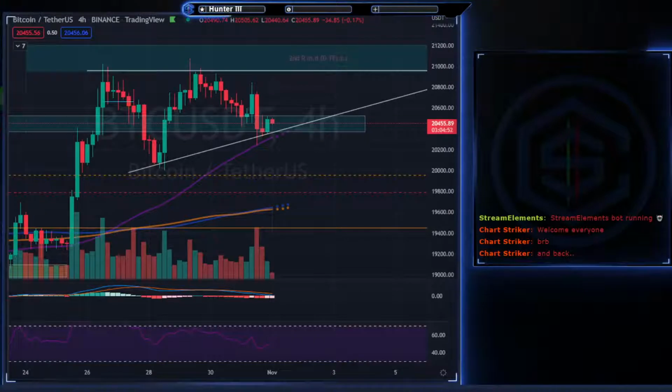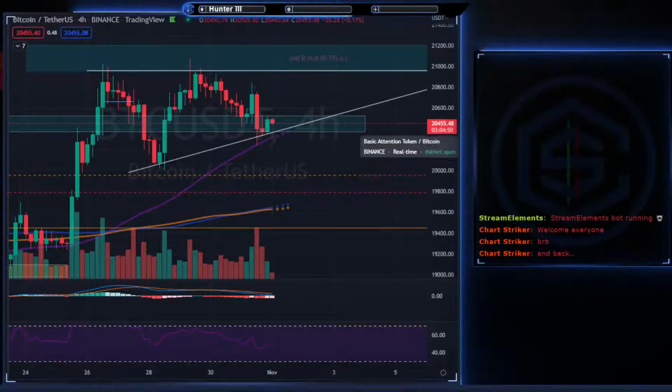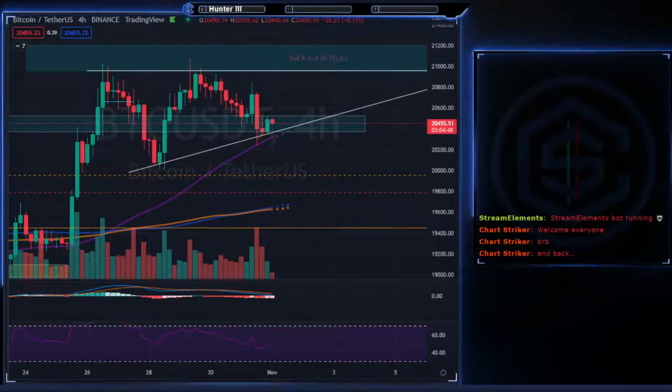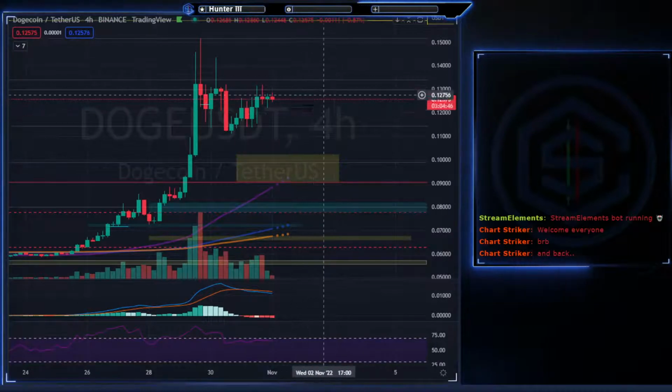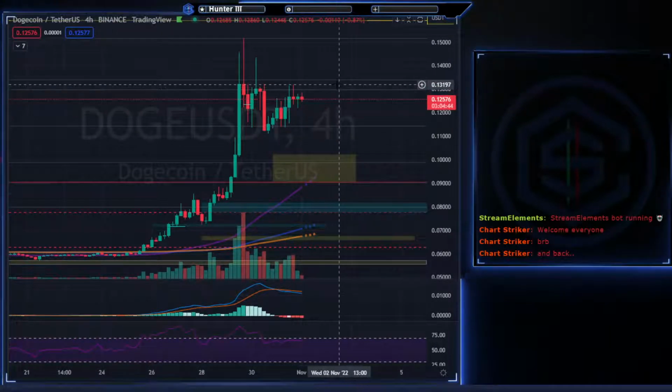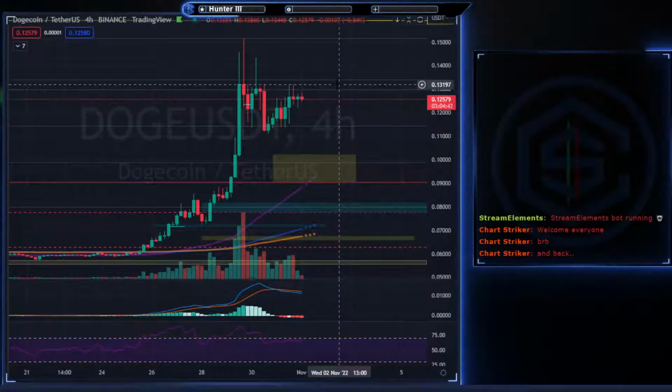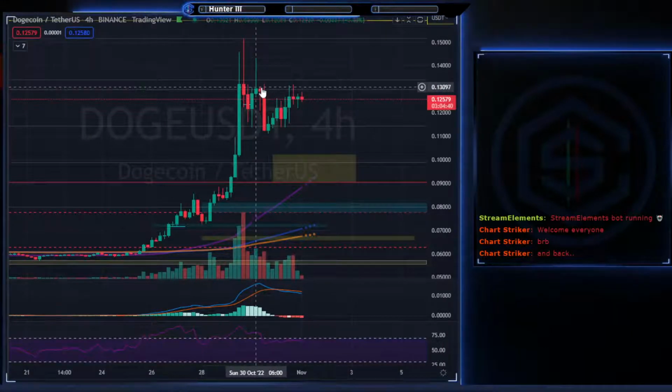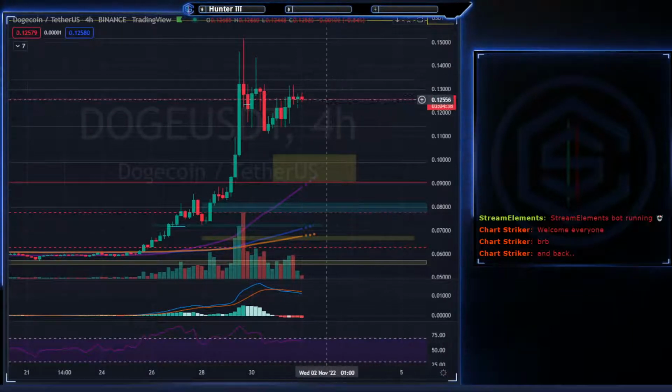Okay, Doge Army, Doge fam. Let's head over to Dogecoin. So I just tweeted out that we had resistance around 0.132 levels, short-term resistance that is, okay?